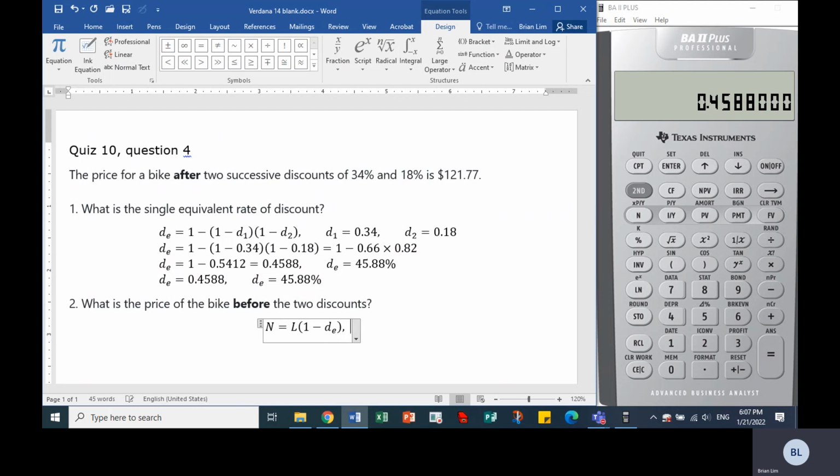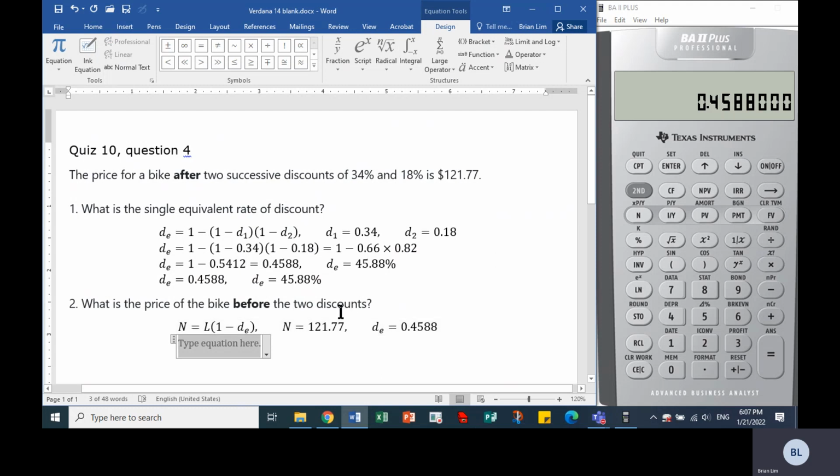All right, so what do we know? Well, we know N, the net price or the discounted price, which is 121.77. And D sub E, the single equivalent rate of discount, is as a decimal 0.4588. Now we can find L, which is the price of the bike before the 2 discounts. So L is equal to the price of the bike before the 2 discounts.